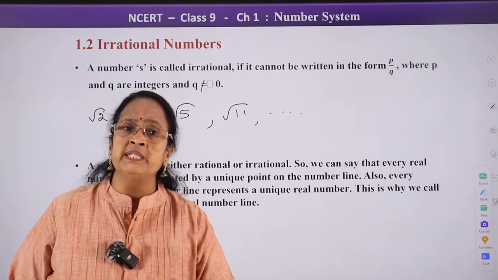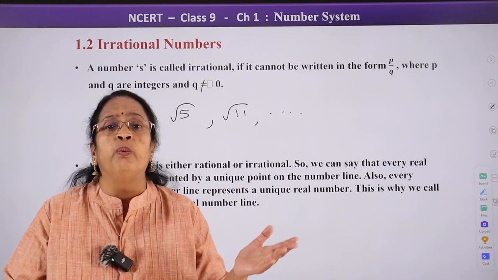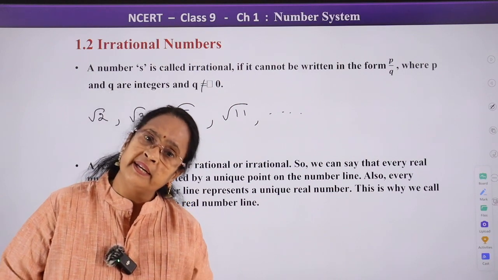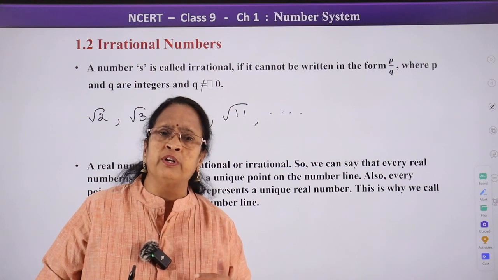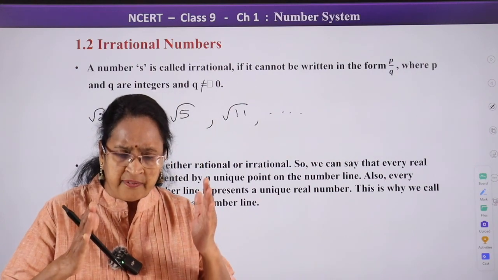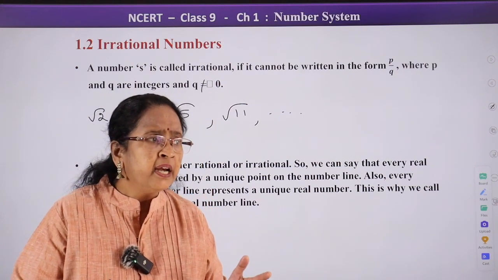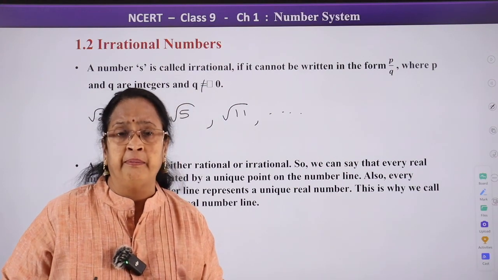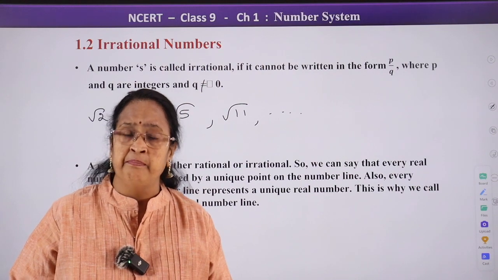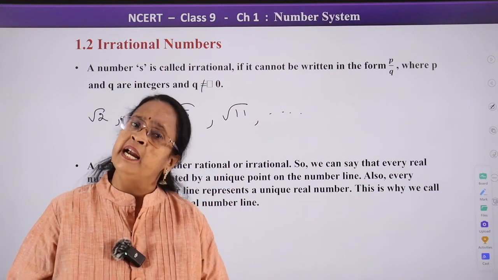All the numbers existing in this real world are real numbers. Now, as I have told you, every definition, every concept has an exception, maybe one, maybe two or many, but definitely has an exception.